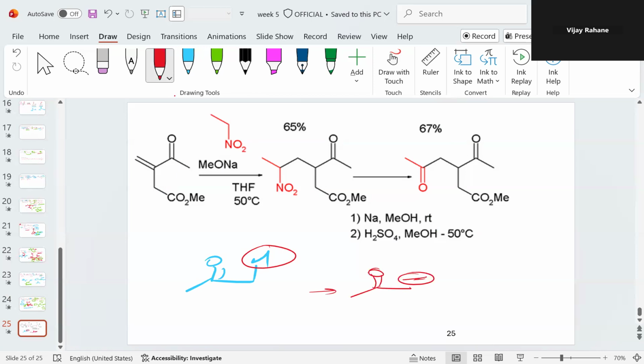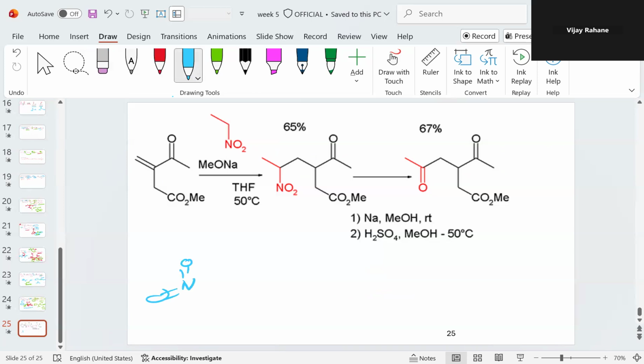But similarly, there are certain other molecules also, like the nitro group. On the alpha position of this nitro group also, we can form this negative charge. A very similar reaction works as shown earlier for ketones or carbonyl compounds.